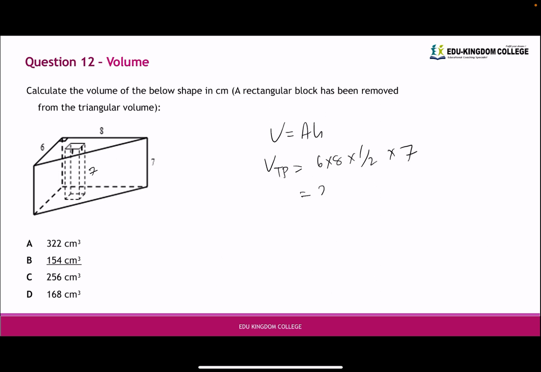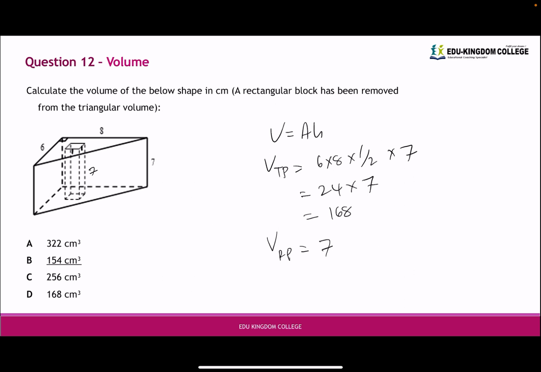So 6 times 8 is 48, times half is 24. 24 times 7 is 148, I believe. No, 168. Now, V of the rectangular prism equals 1 times 1 times 7, that's just 7.